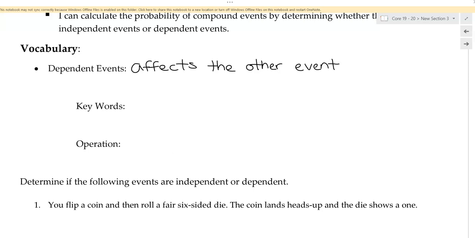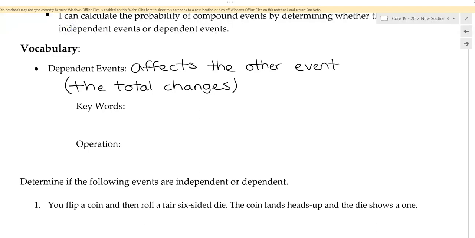The biggest thing here is the total. What it means by affecting the other event is the total changes. Sorry guys, this pen's bad. I don't know where my pens were. Okay. So the total changes. And we'll kind of see what that means in a second.